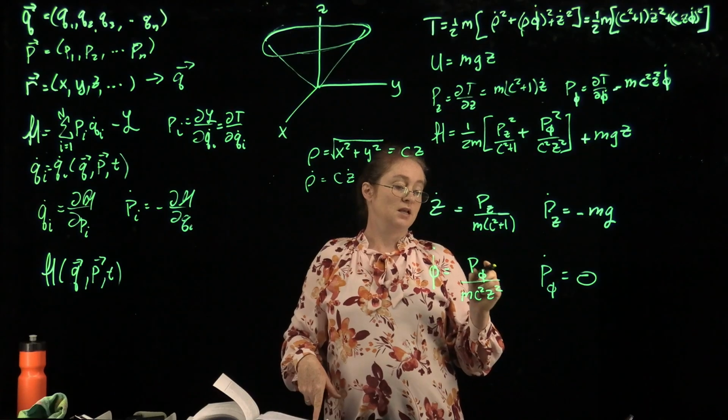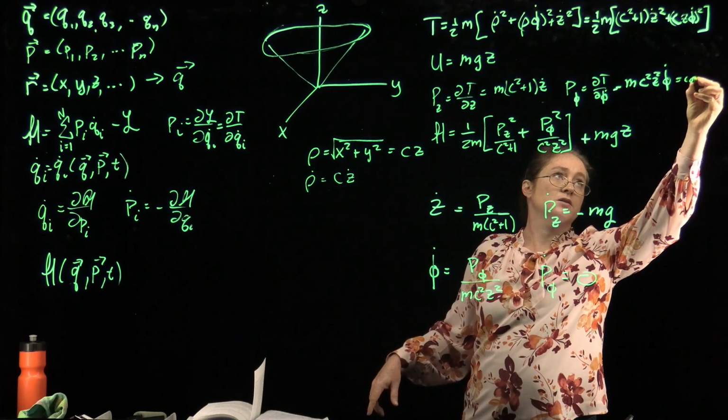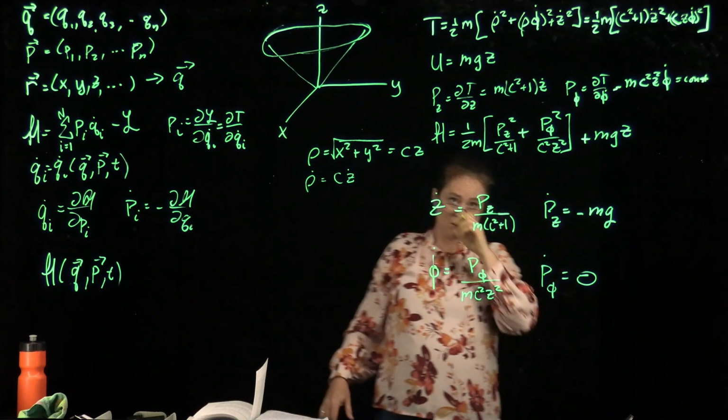So what this tells us is that p phi is a constant. So this thing is moving with a constant angular momentum.